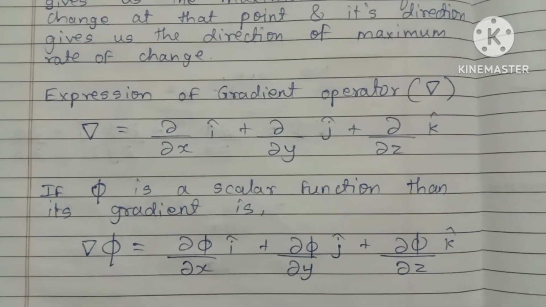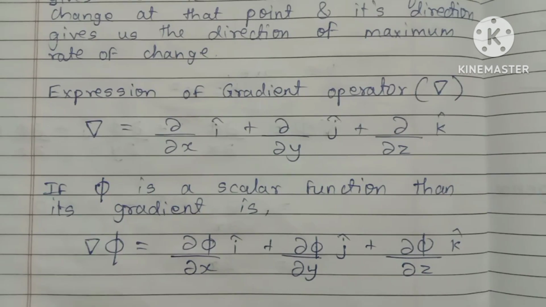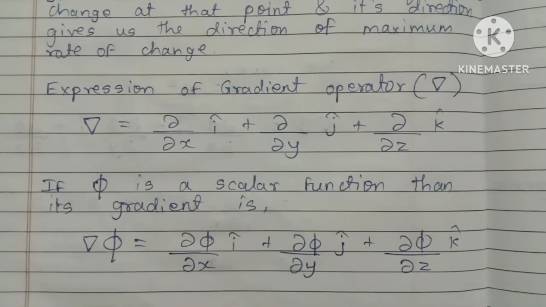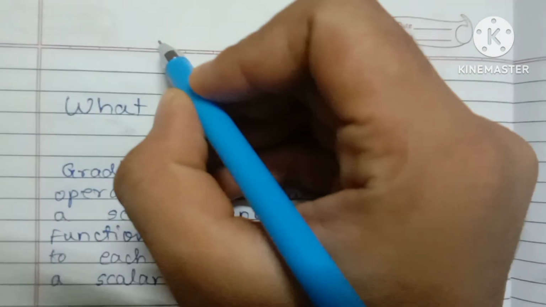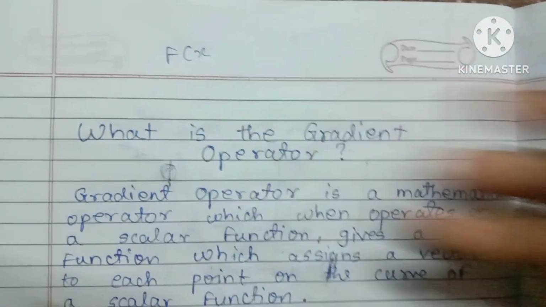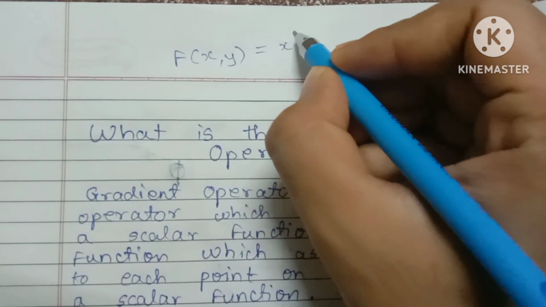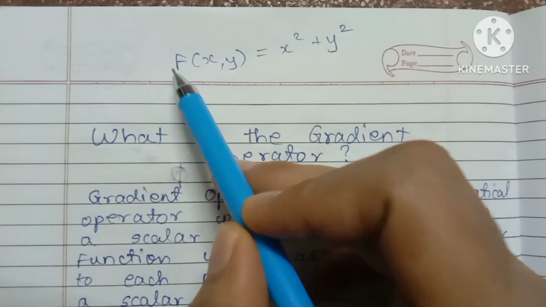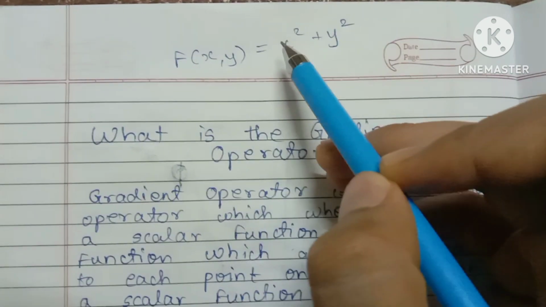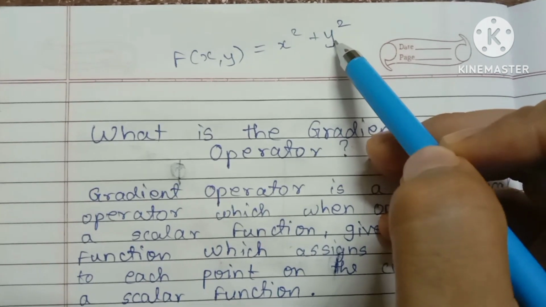In partial derivative, we take the derivative of a function with respect to a given variable by treating that variable as a variable and all other variables as constant. For example, if we have a function f of x comma y is equal to x square plus y square, and we want to take the partial derivative with respect to x, then we treat x as variable and y as constant.